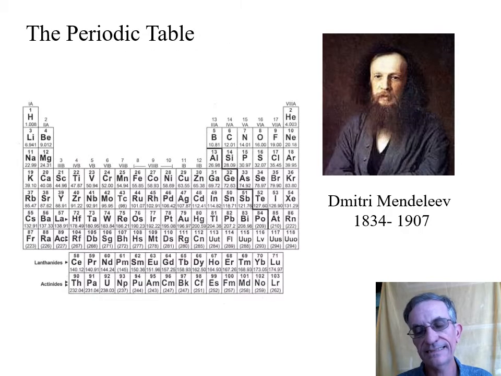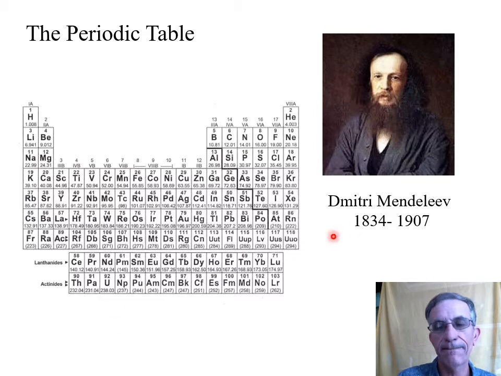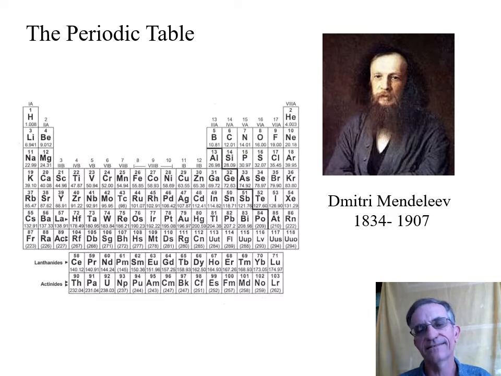The periodic table was developed by this guy right here by the name of Dmitry Mendeleev. Actually, Dmitry Mendeleev didn't start off as a chemist. He started off as a biologist. The kind of biology he was interested in for most of his life was taxonomy.